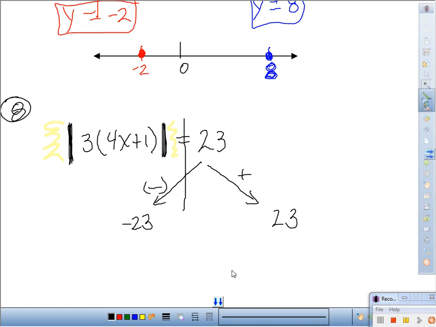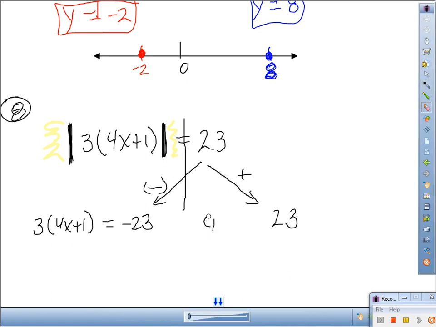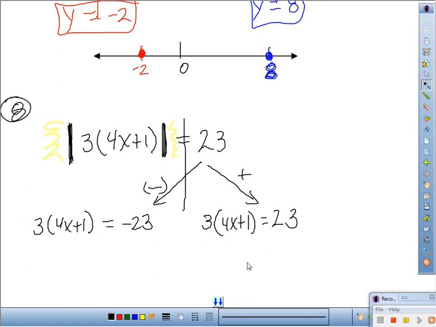Am I being specific with this? Yes? What's inside the absolute value now? 3(4x + 1) equal to that, and 3(4x + 1) equal to that.